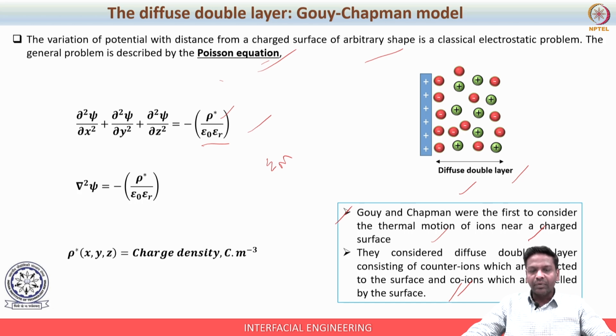For different materials, we have already listed what epsilon R is. If you simply multiply epsilon R with epsilon naught, you get epsilon m, which is the permittivity of any given material, or medium, sorry, medium in this case. Since we are dealing with an electrolyte, we have to include the medium. That's why we have taken epsilon naught epsilon R instead of just epsilon naught.